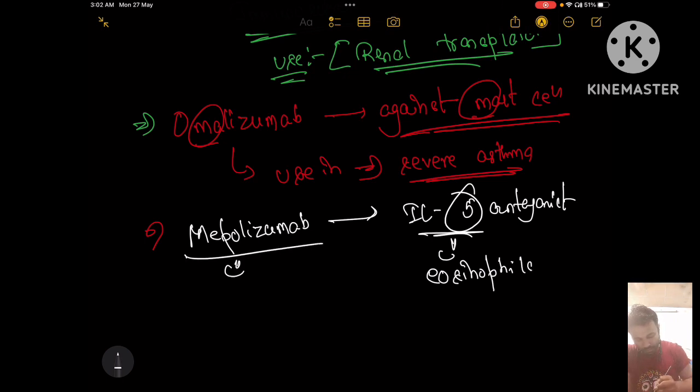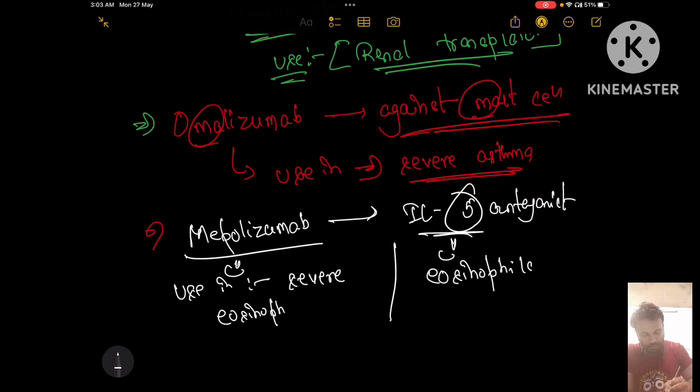So, it is used in severe eosinophilic asthma. Mepolizumab is used in severe eosinophilic asthma.